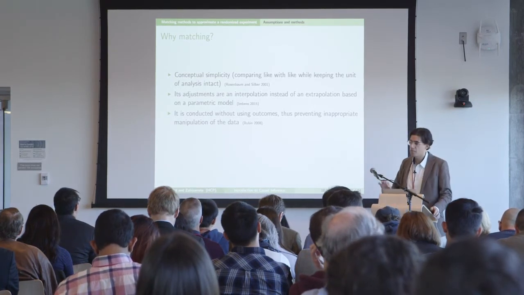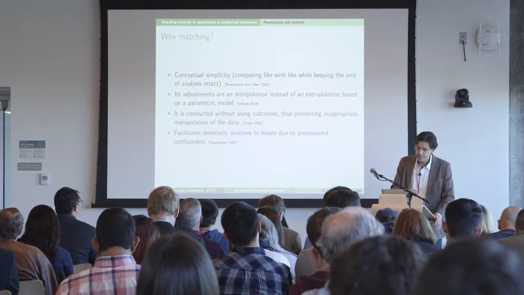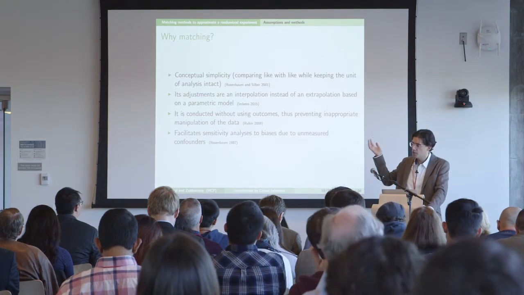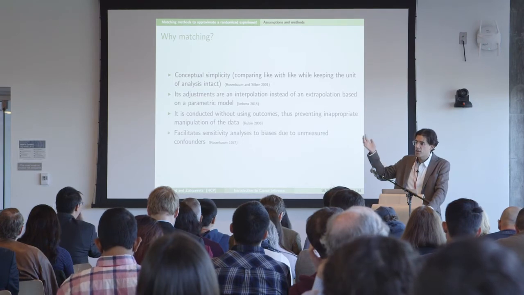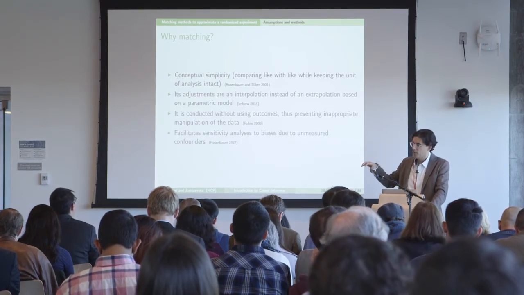This is the argument about blinding ourselves in matching. And it also facilitates sensitivity analysis to hidden confounders. The sensitivity analysis model that we're going to use to see what would need to be the influence of an unobserved covariate to explain away our effect estimates, I think it's simpler than with other methods.